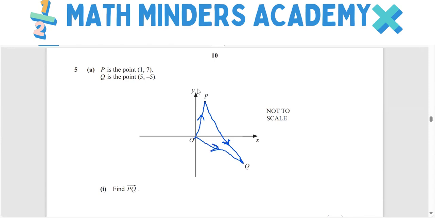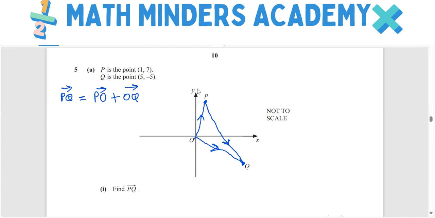Now, you agree with me that a movement from P to Q can be accomplished if I go this way, PO, and then I proceed from O to Q. Remember, my mission is to start from P and end my journey on Q, but I can go from P to O and then from O to Q.